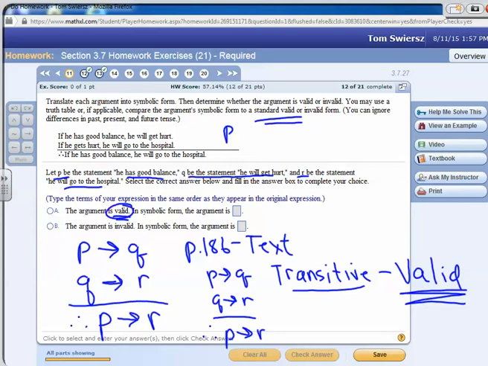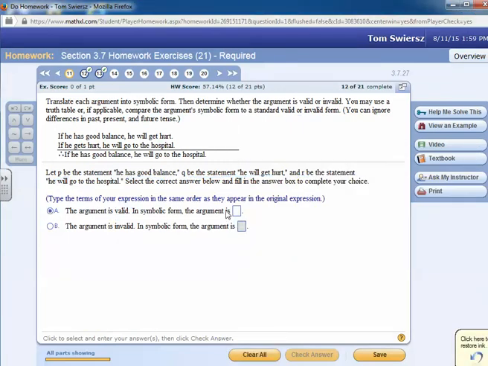The argument is going to be premise number one and premise number two implies the conclusion. So we have to write that out. The argument is, again, brackets and then parentheses.